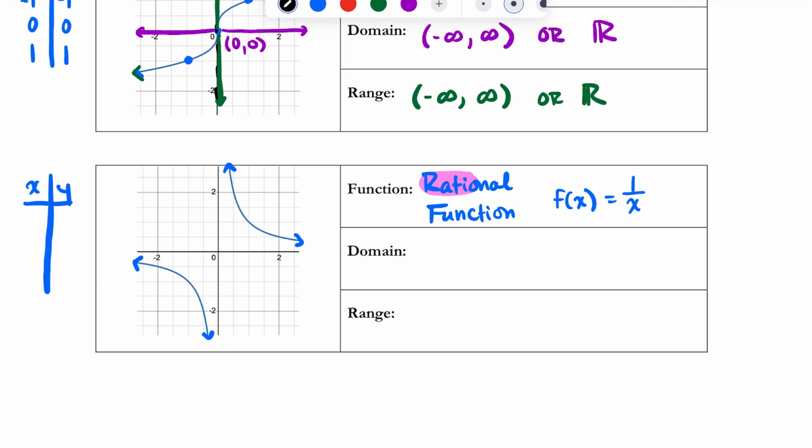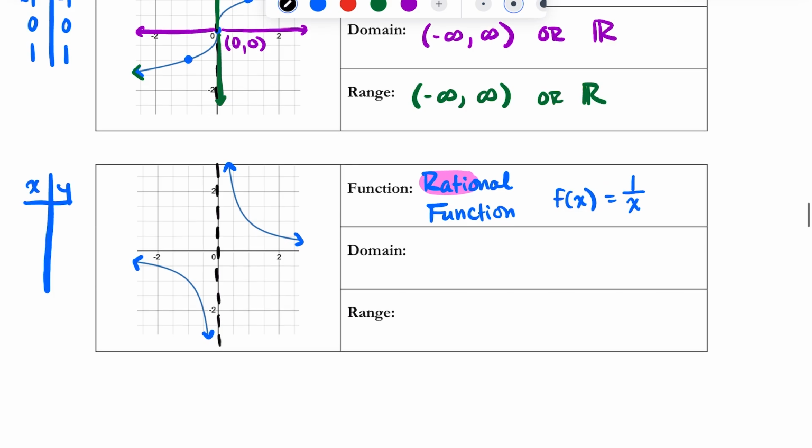That's why, if you look here at where x equals 0, or that y-axis, it looks like that graph is never actually going to touch at 0, because I could never divide by 0 and plug that in. So when I have 0 on my table of values, I don't have a value there for it to exist. It's kind of like with the square root function where I can't take the square root of negatives. For the rational, I can never have 0 there.